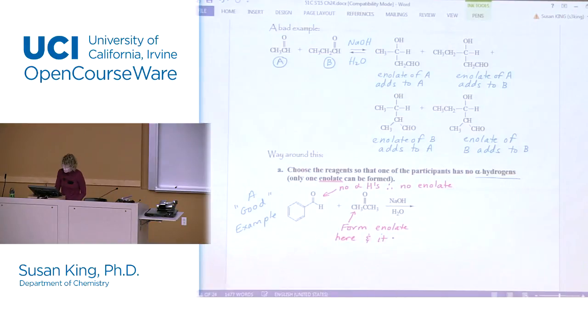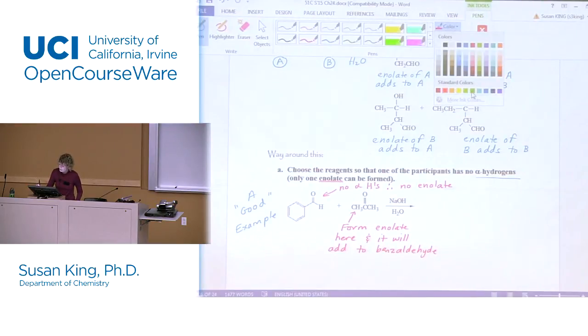And it will add to benzaldehyde. Why will that selectively attack benzaldehyde? Which compound's the most electrophilic? Benzaldehyde. So this is going to work really well.